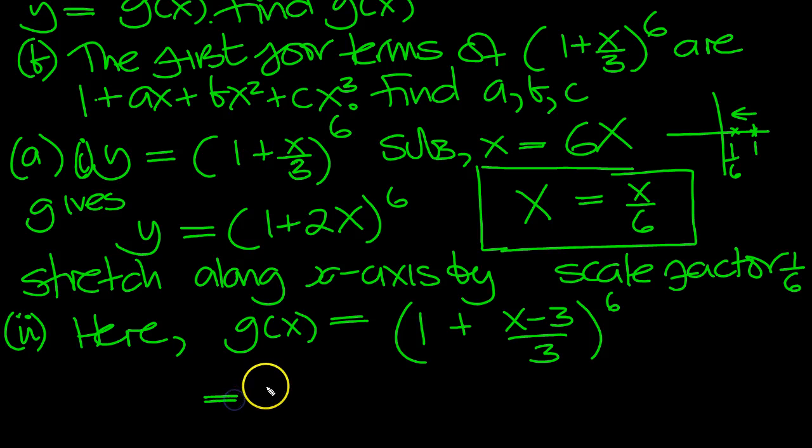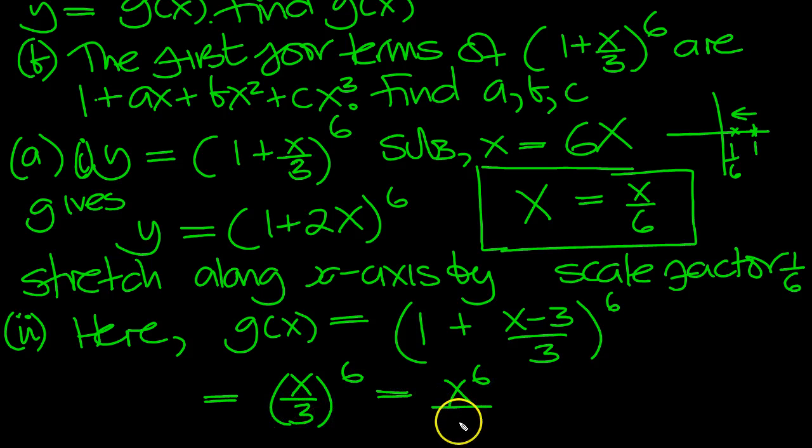That's equal to, minus 3 over 3 is minus 1, so it's just simply (x over 3) to the power 6, which is x to the 6 over 3 to the 6, which is 9 cubed, 729. 9 cubed, 3 to the 6 is 9 cubed, 81 times 9 is 729.